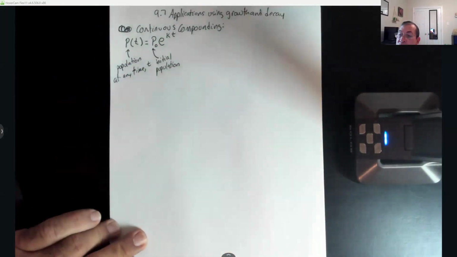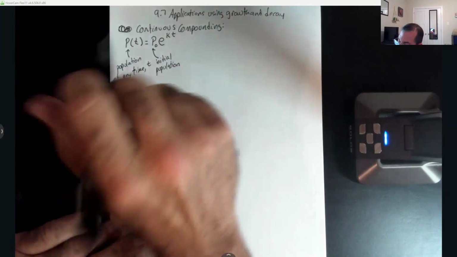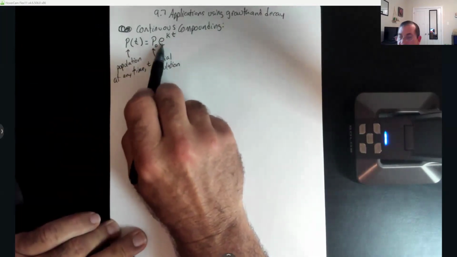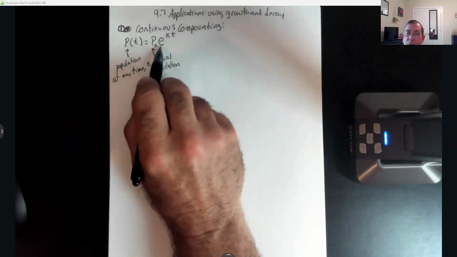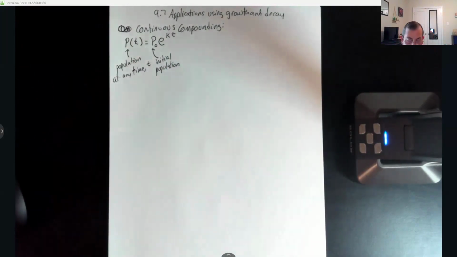All right, remember e is Euler's number, and that equals like, what, 2.718, blah, blah, blah. But this e is replacing the stuff that was in the parentheses, the 1 plus the interest rate divided by n and all that fun stuff. So we use e when it's continuous.